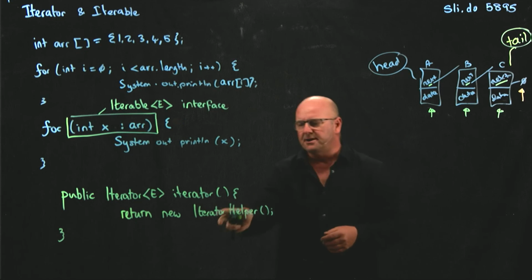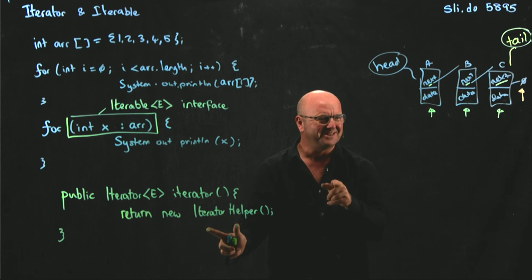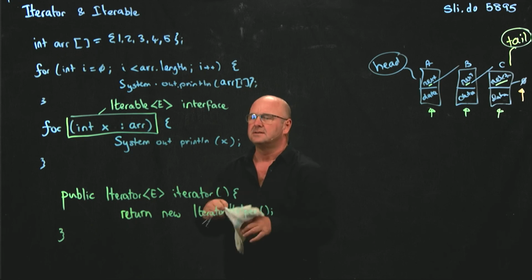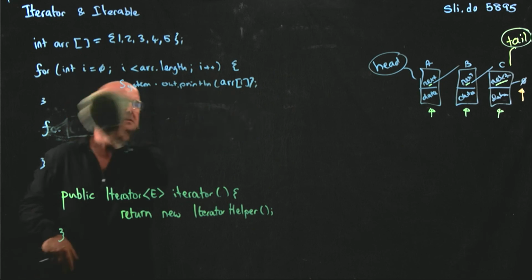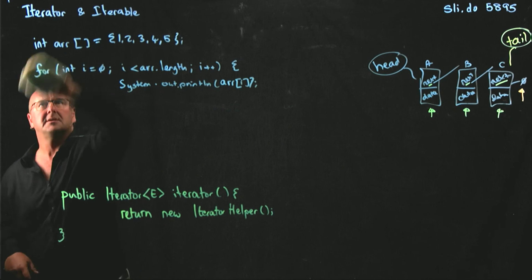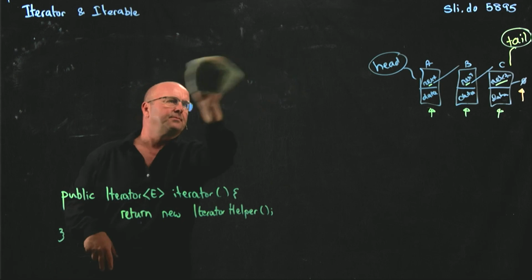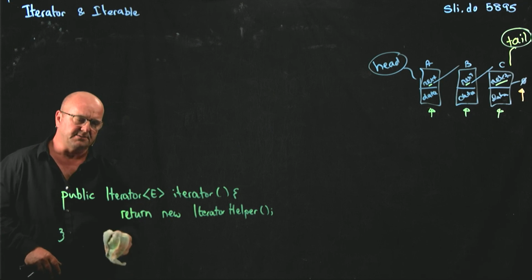And where does this IteratorHelper come from? You guys have to write it. So let's take a look at the IteratorHelper class. You guys all have this piece of code?